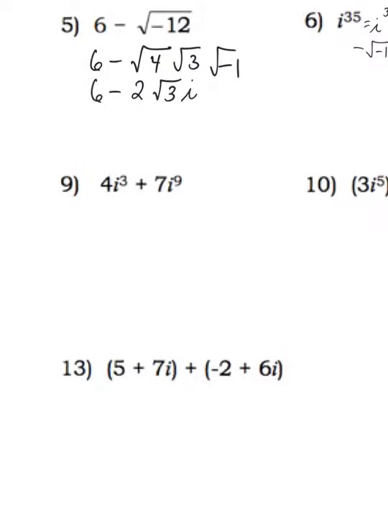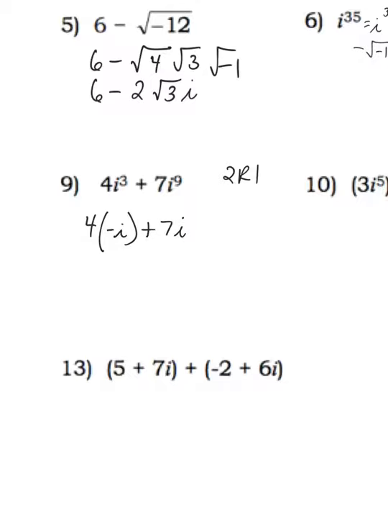For this next one, looking at my i chart, I know that i cubed is equal to -i. I also know that for i to the 9th, 4 goes into 9 twice with a remainder of 1. So that's the same thing as saying 7i, i to the 1st power.